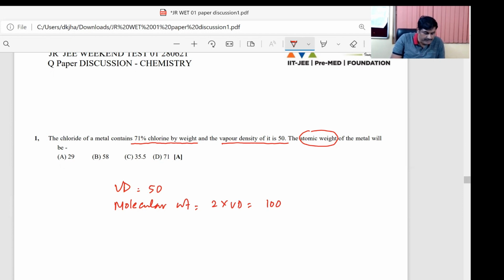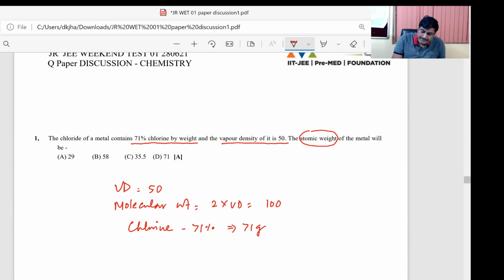You have been given that the chloride of the metal contains 71% chlorine. Chlorine is 71%, so 71 gram.